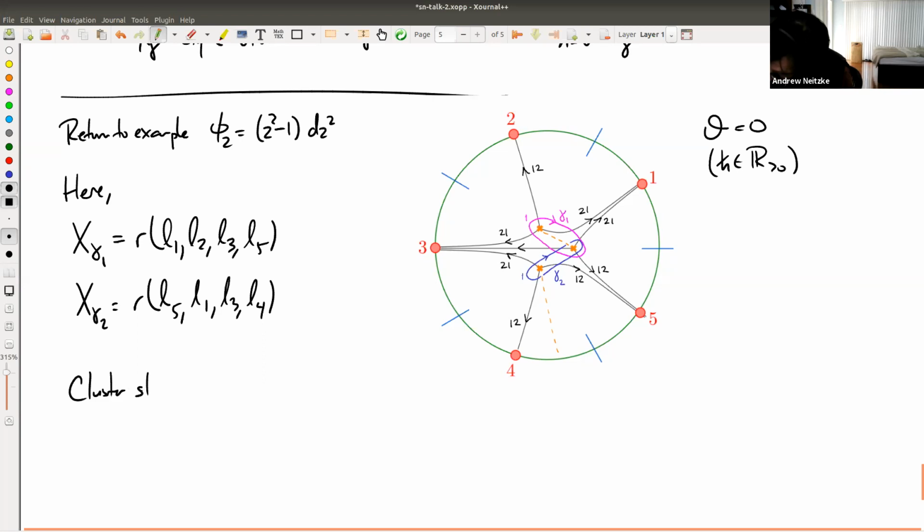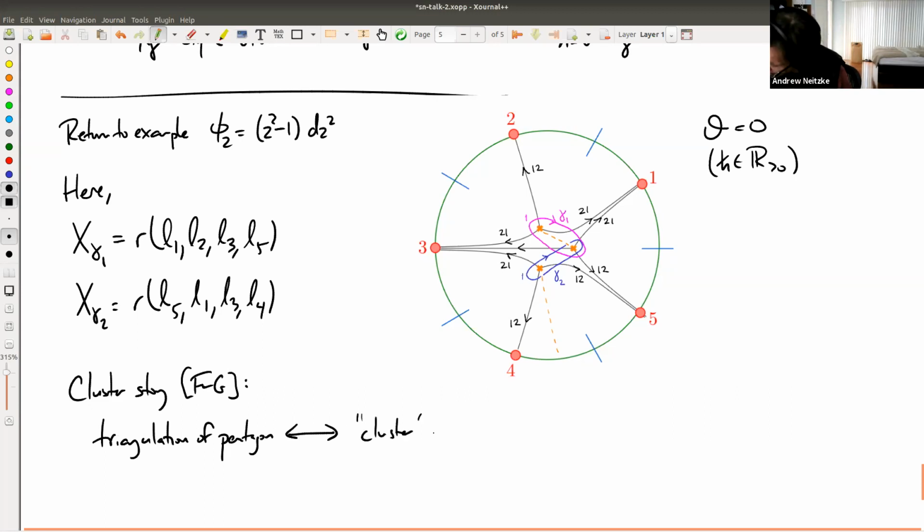So the cluster story in Fock and Goncharov: given a triangulation of the pentagon, there's a corresponding coordinate system, what they call the cluster coordinate system, on this configuration space, Conf5 of CP1, which is our moduli space of flat connections in this case.